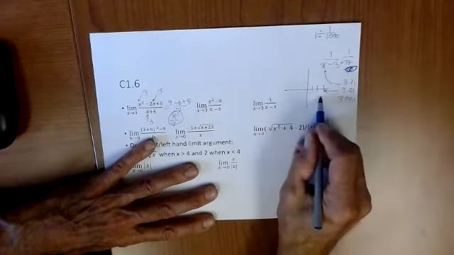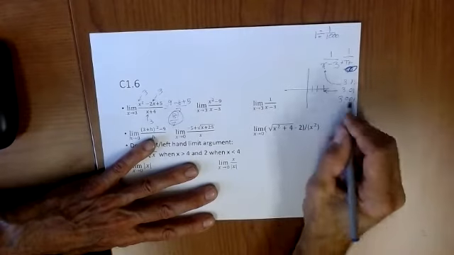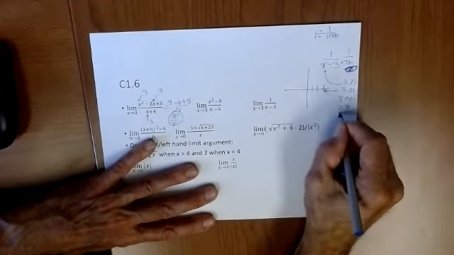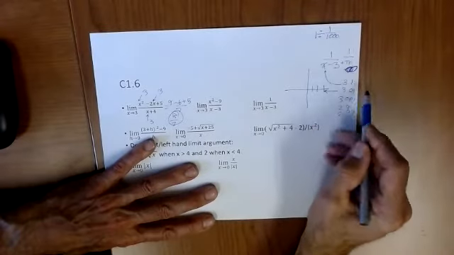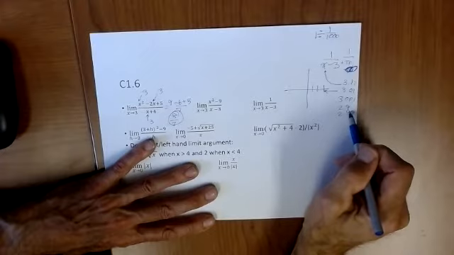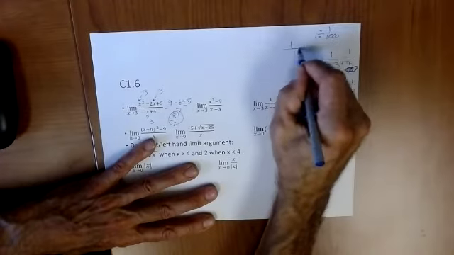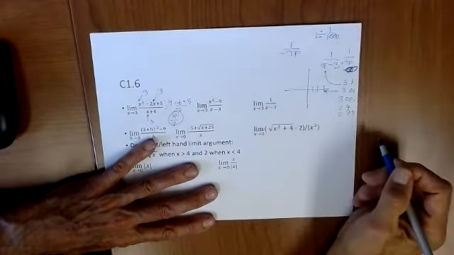What about when we come in from the left? Like 2.9, 2.99, and so on. You're going to subtract 3, and don't you still get tiny fractions? But this time, they are negative tiny fractions.